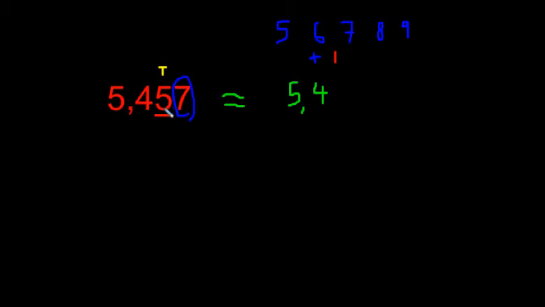So we add 1 to 5, which is 5 plus 1, 6. And 7 becomes 0. So if we round 5,457 to the nearest tens, the answer is 5,460.